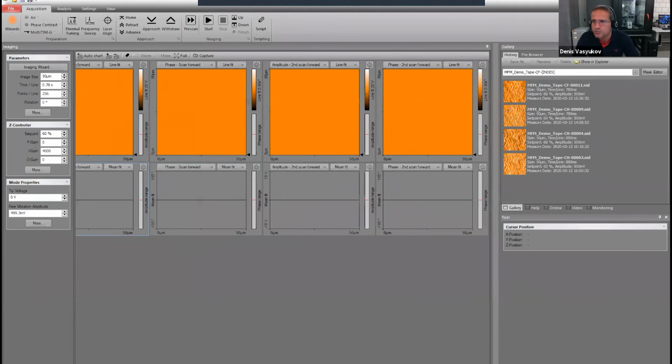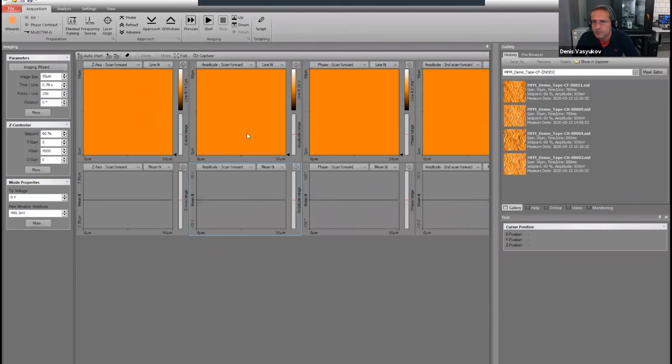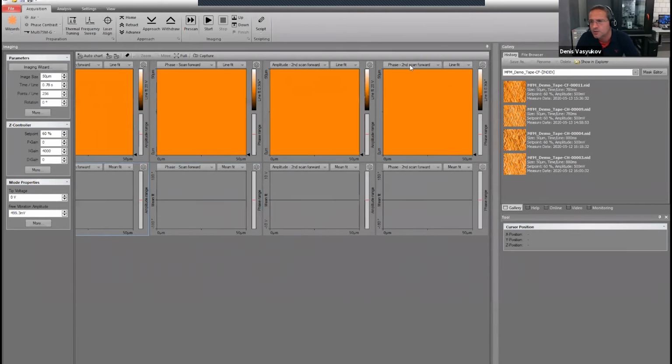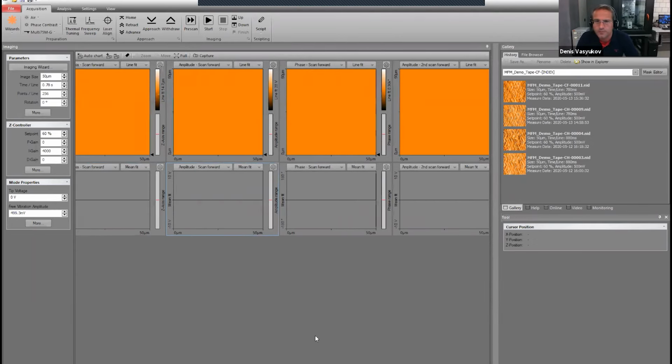Of course, if you do dual scan, you have a lot of these channels. These 3 dials here are related to the first scan that measures the topography, and the last 2 dials are the second scan that measures your magnetic signal. Okay, so let's just start that.